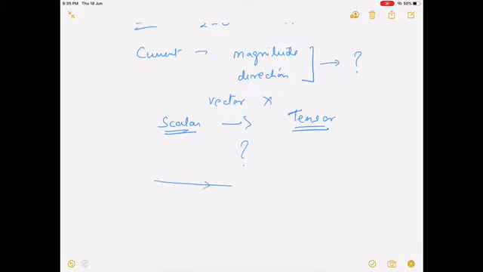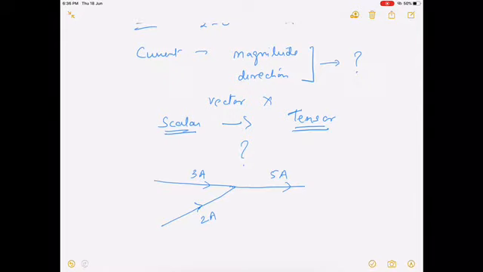In order to understand it, let us consider the current flowing through a wire to be 3 ampere. Let another wire carry 2 ampere. At the junction point they meet and get added up, giving a current of 5 ampere.